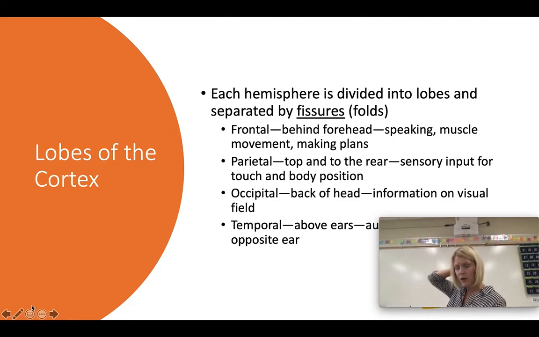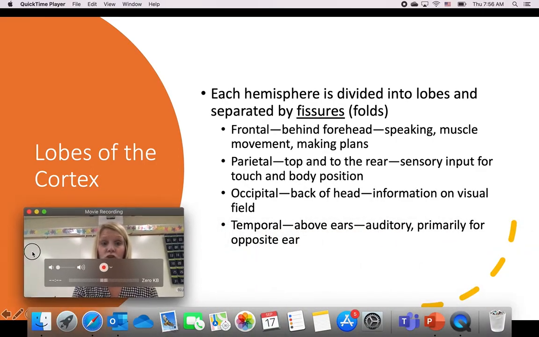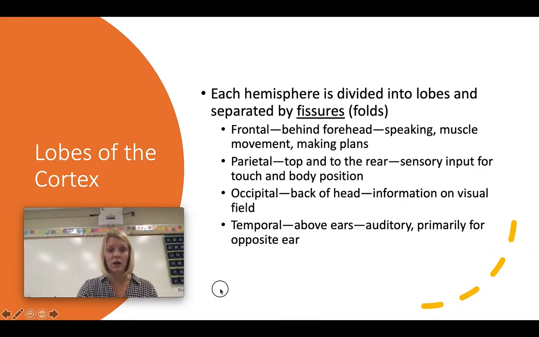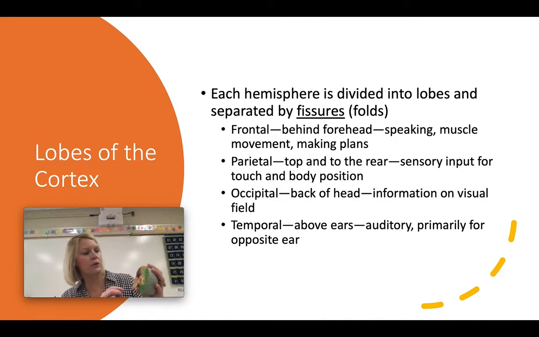The occipital lobe. The occipital lobe is at the back of the head, and that's the lobe for your visual field, information on your visual field. So all the information that you take in, that you see, will be processed in the back of your head. You can see the occipital lobe right here.